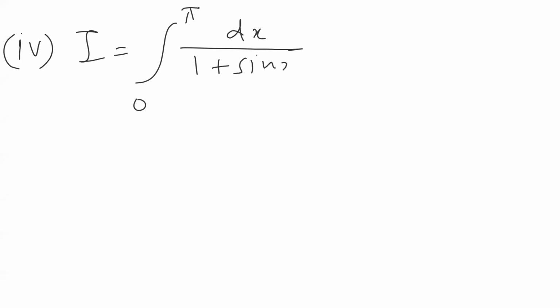So question number 4. Integration from 0 to pi of dx upon 1 plus sin x. Now we have a rule in integration, or not a rule exactly, but this is one category of problem. Whenever there is 1 plus sin or 1 minus sin in the denominator, always rationalize it.